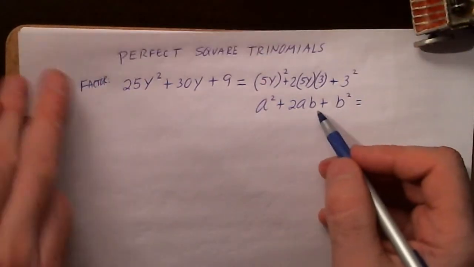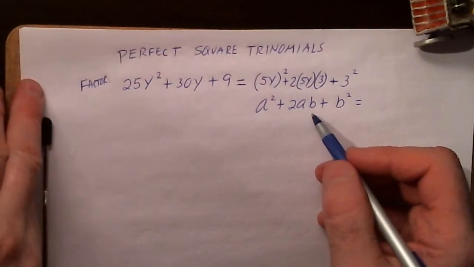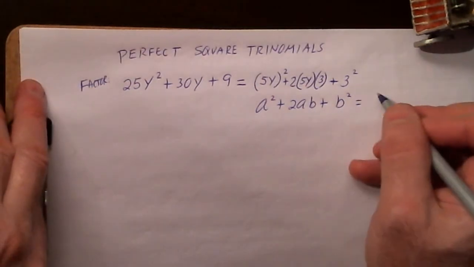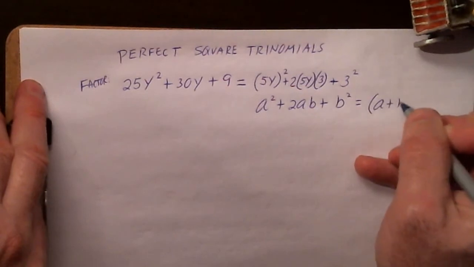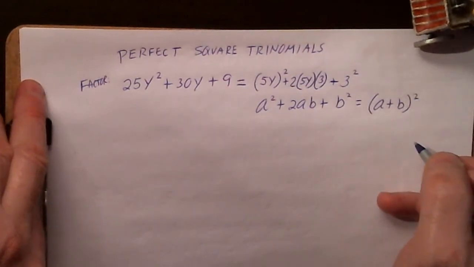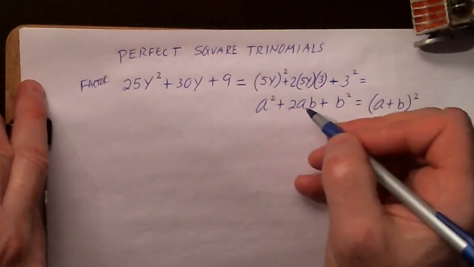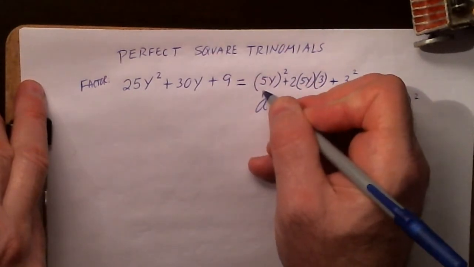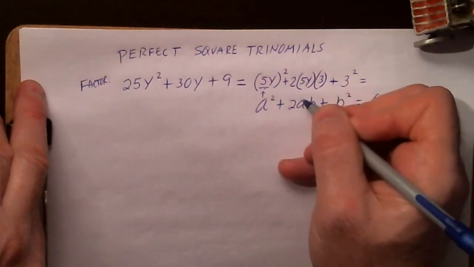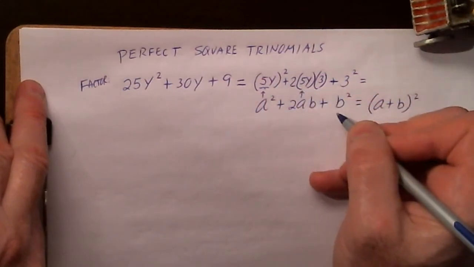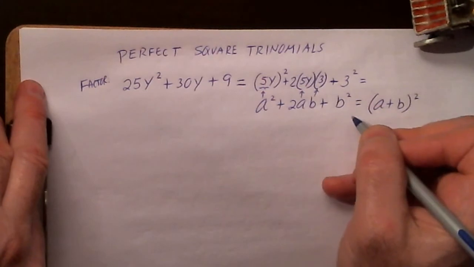And according to the pattern we established in opening up this section, this perfect square trinomial would factor in general as a plus b quantity squared. Now, upon further inspection, we can see that A is 5y and our B is 3.